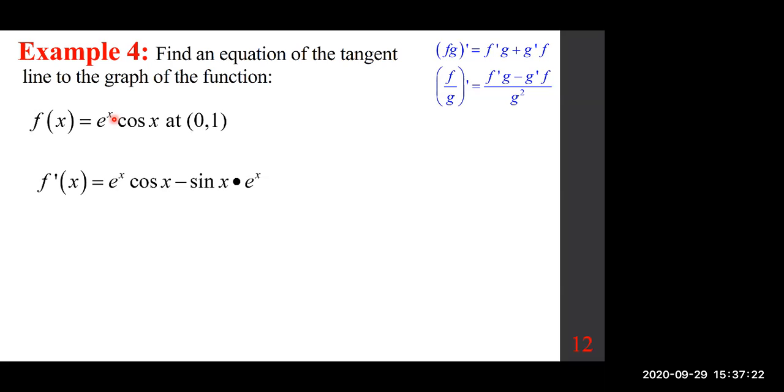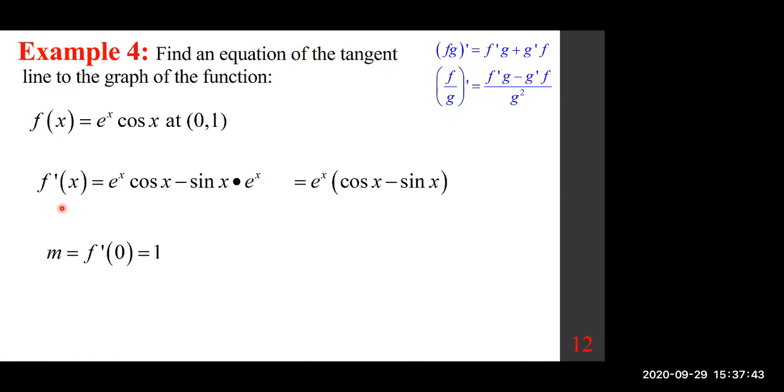You can factor out the e to the power of x to make life a tad easier. This is f prime of x. What is the slope? You just plug in 0 and m becomes f prime of 0.